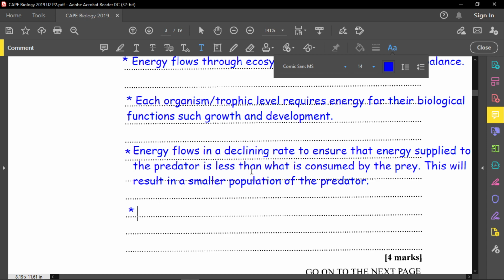And I'm going to say right here that the flow of energy reduces, to decrease the possibility of extinction.